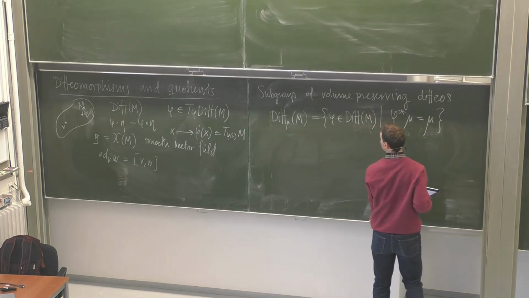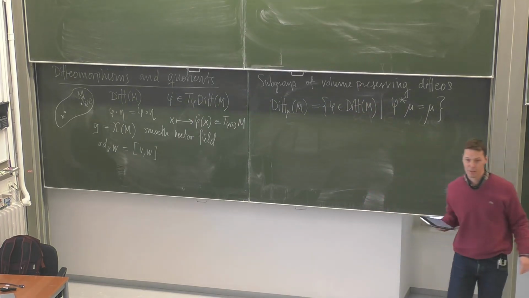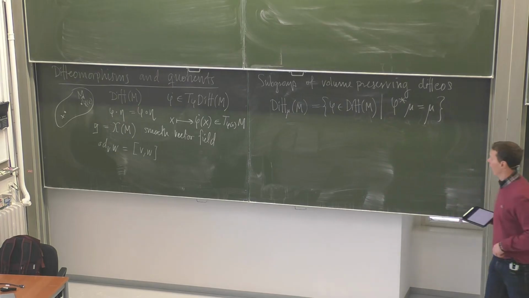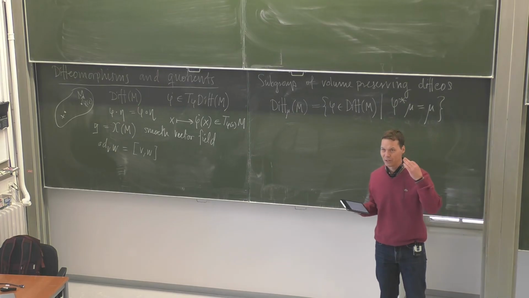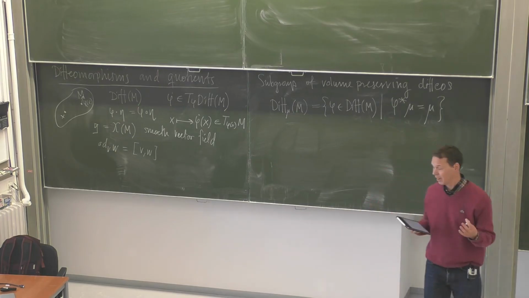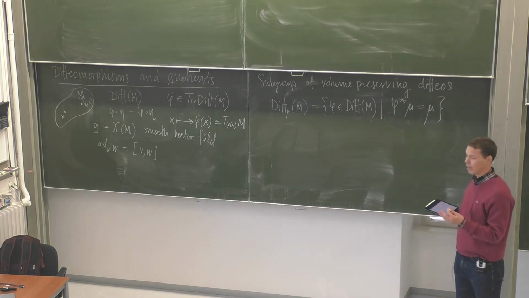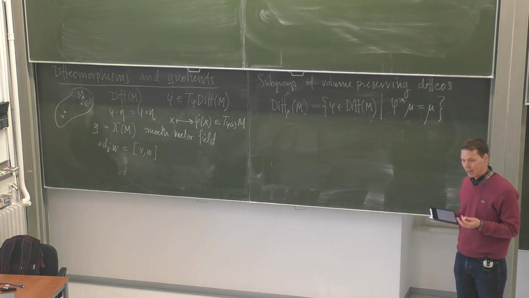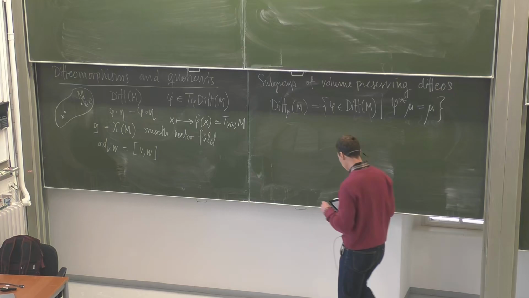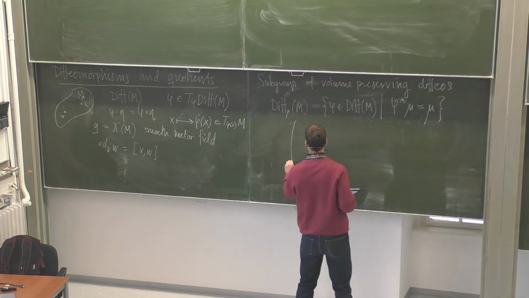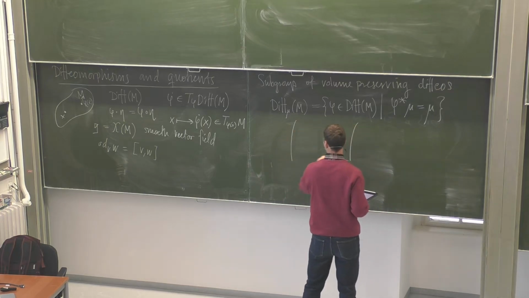I think I did talk about this a little bit as well, and if you do this, you get a connection. You get something which is very relevant in our setting, namely probability densities. Okay.